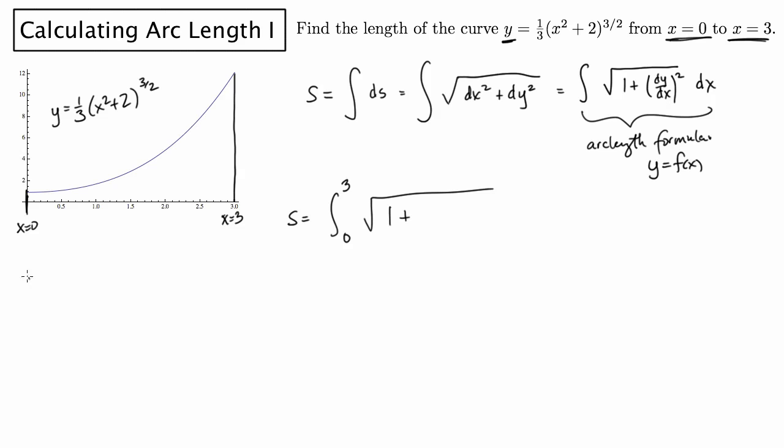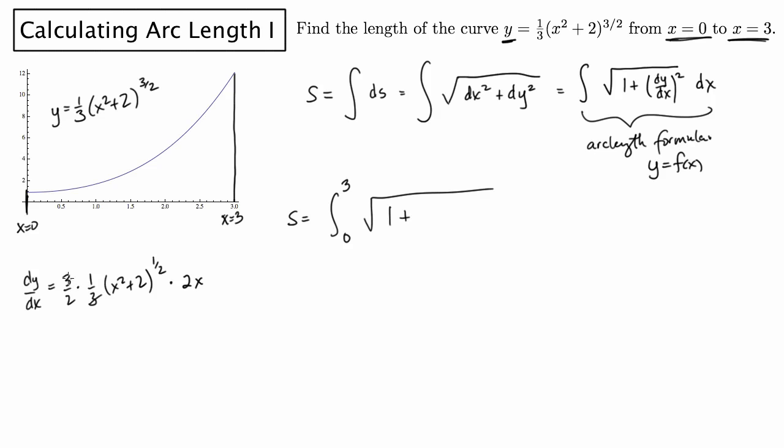So if I come off to the side and look at dy/dx, dy/dx is 3/2 times 1/3 times (x squared plus 2), and I'm going to subtract 1 from the power, and then I have the chain rule to worry about, so I have to multiply by a 2x.